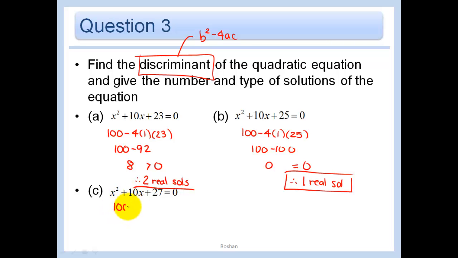B squared minus 4ac. And so I have 100 minus 108, or negative 8. Negative 8 is a negative number, therefore 2 imaginary solutions.